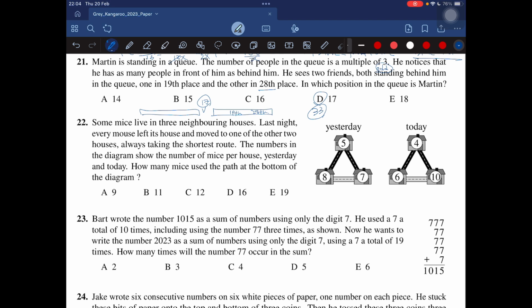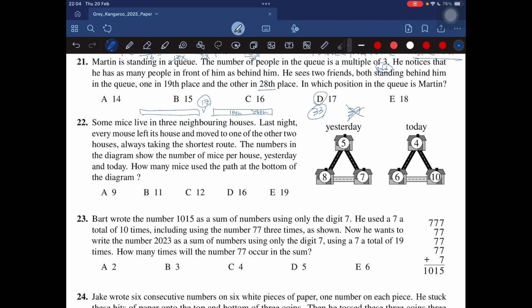But if, for example, it can be 39, then the median is 19. Okay, so it cannot be. So we cannot make it 27 because we need the 28th. So of 27, 33, 39, we can have only 33.